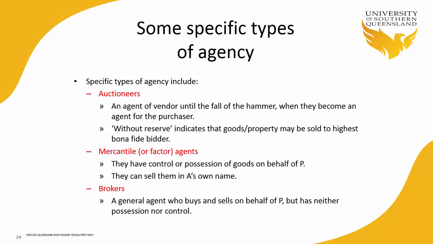What we mean by reserve is a reserve on the price at which you are willing to part with this item or goods, i.e. sell them. It says if the auctioneer makes no mention about a reserve price, i.e. the minimum price below which the seller, so their principal really, isn't prepared to sell, the law is unclear as to whether or not the auctioneer has to accept the highest bid.